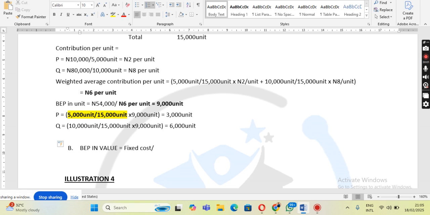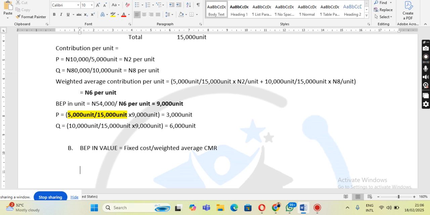But now, since it is multiple products, you will still add your weighted average CMR. Why do you have to use weighted average? It is because it is a multiple product. Ideally, if it is a single product, you would have just used fixed cost divided by CMR.